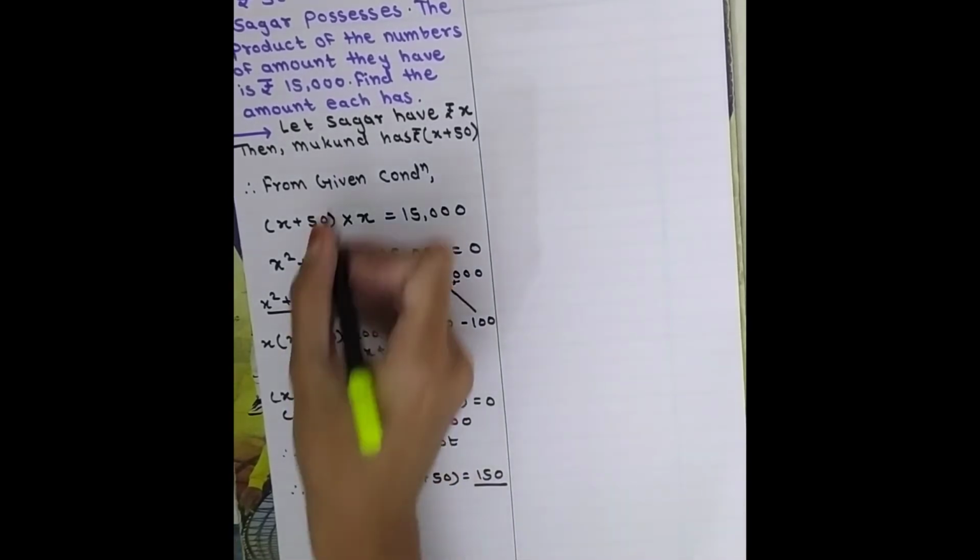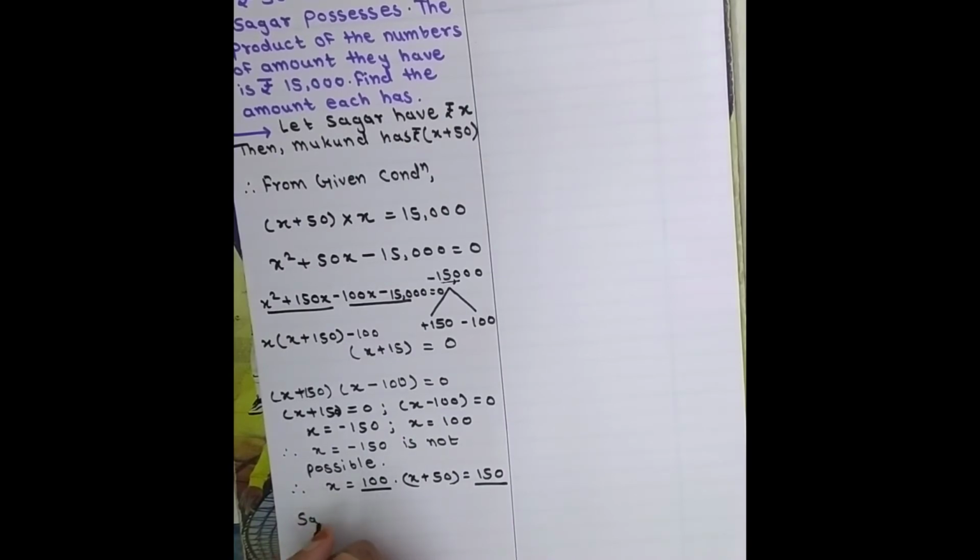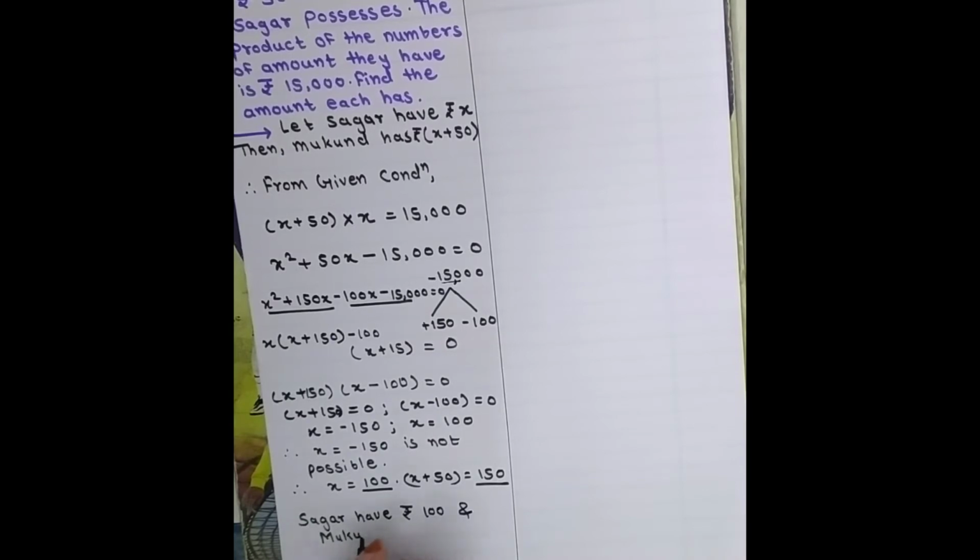So Sagar has rupees 100 and Mukund has rupees 150.